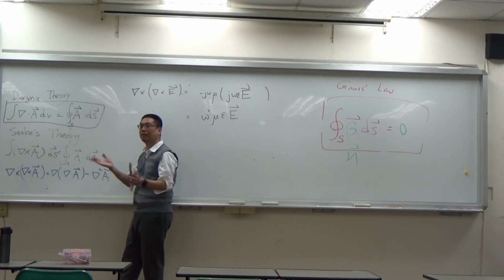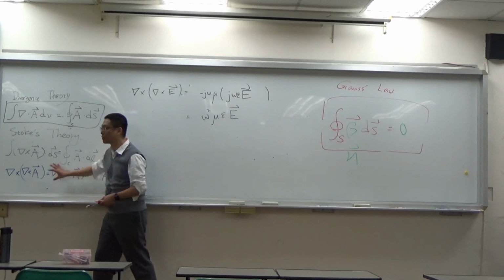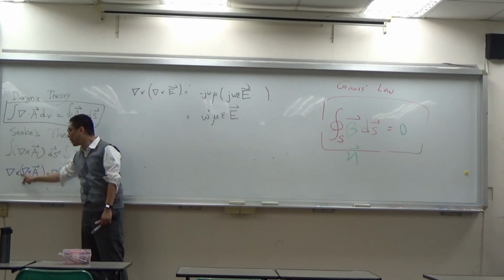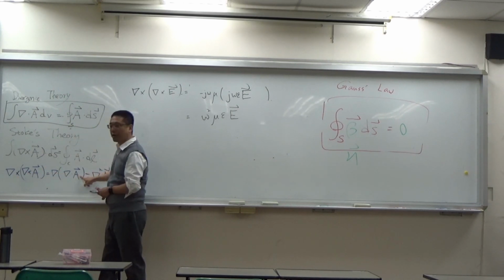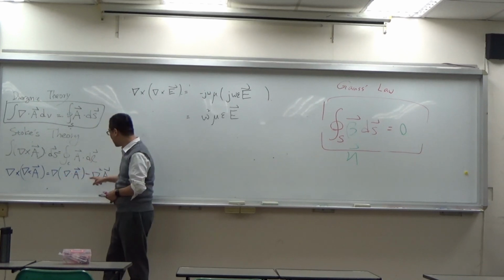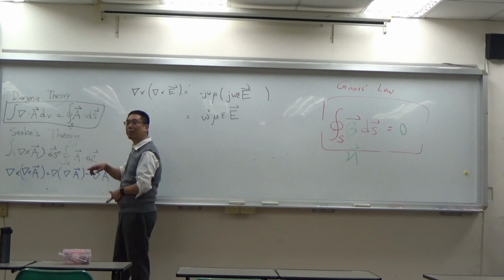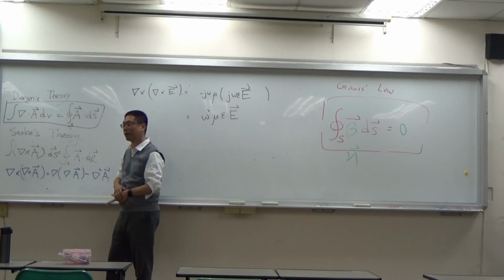You can see from your appendix, you need to apply this one. If you take the curl twice, it is a divergence, and you take a gradient, and minus, this is Laplace, remember Laplace, right? Laplace of A. I told you in the second week.